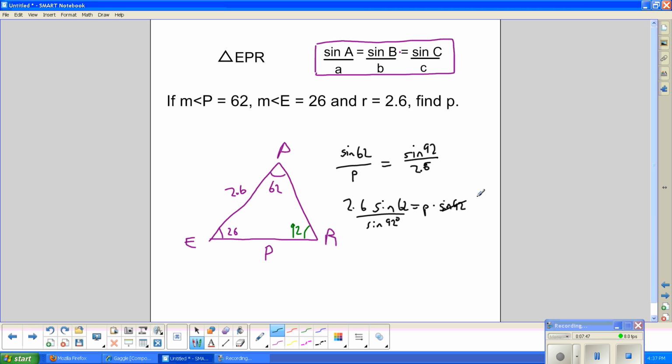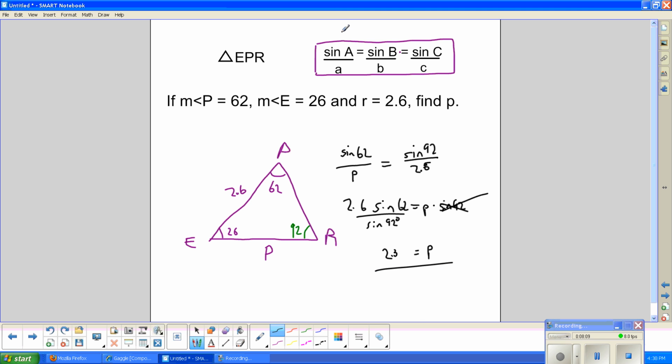And I'll just cross it off on the right side. And I've got 2.6 sine 62 over sine 92. If we use our calculator, I get 2.3 equals p. And we have just found p.